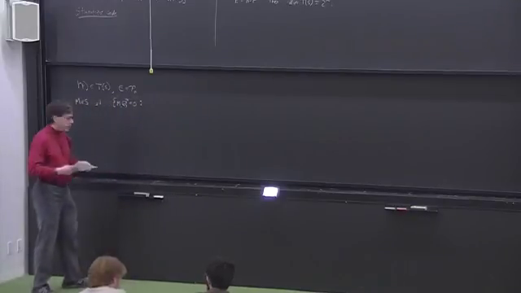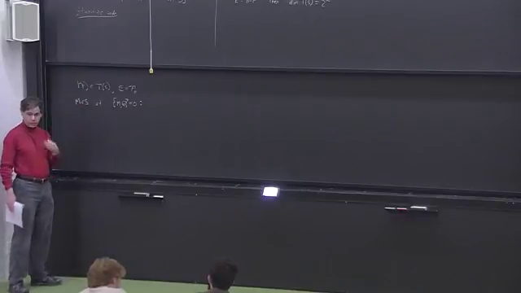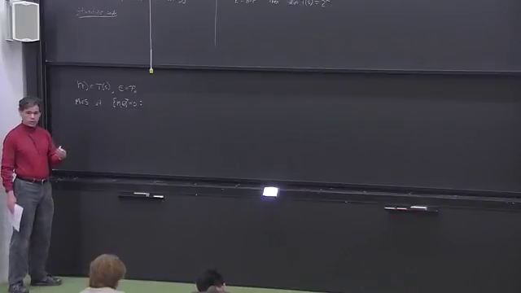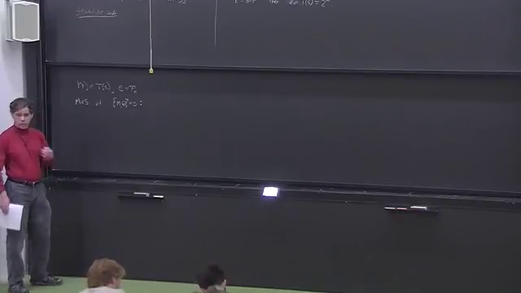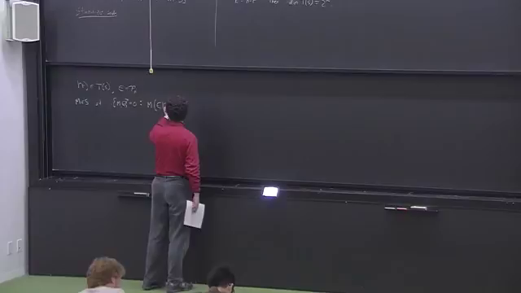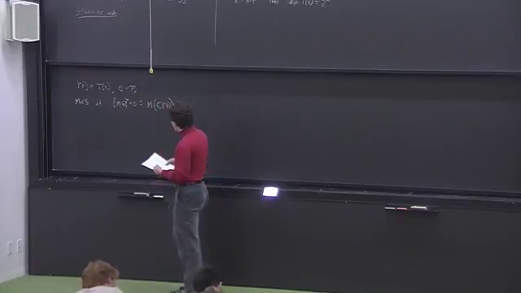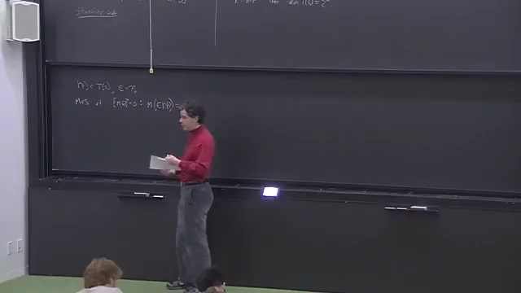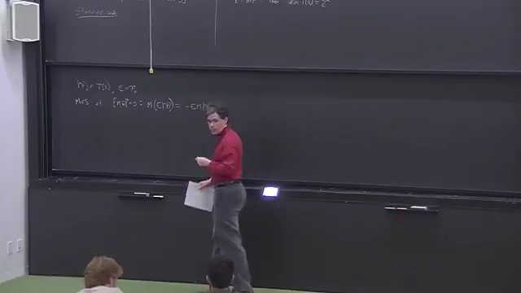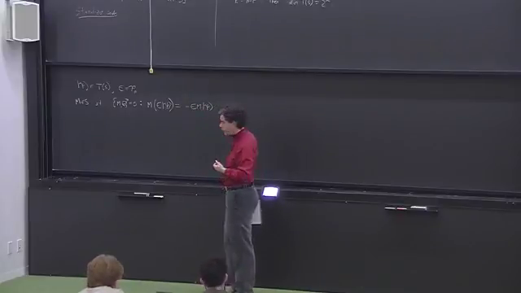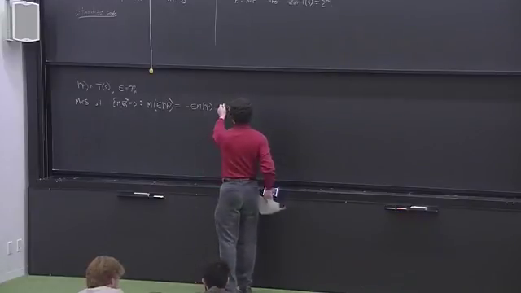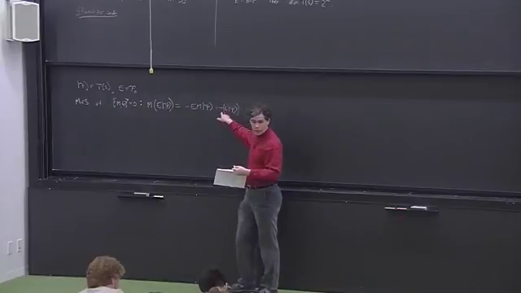Since M is in the stabilizer, psi is a +1 eigenstate of M. Let's figure out whether E psi is an eigenstate and what its eigenvalue is. We apply M to E psi. We know that M and E anti-commute, so ME can be rewritten as minus EM. Then M psi is equal to psi, because M is in the stabilizer. So this is minus E psi. So E psi is a -1 eigenstate.